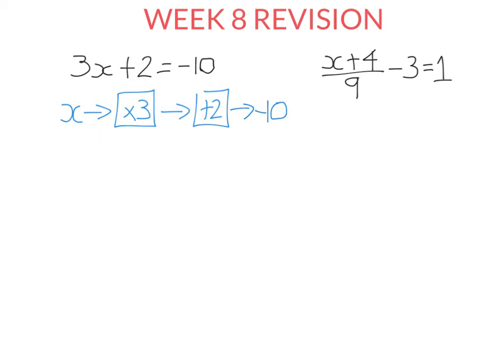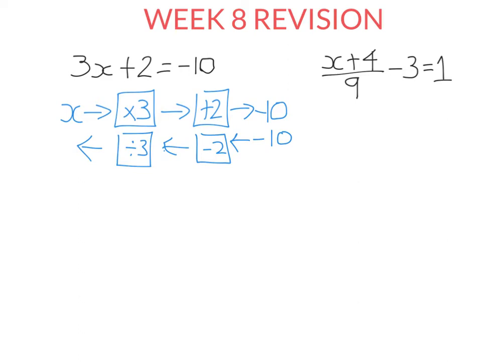So to solve this equation, we're going to start at minus 10 and do the opposite. Instead of adding 2, I subtract 2, and instead of timesing by 3, I divide by 3, because subtraction is the opposite of addition and division the opposite of multiplication.